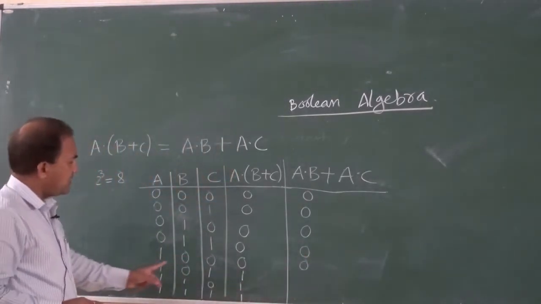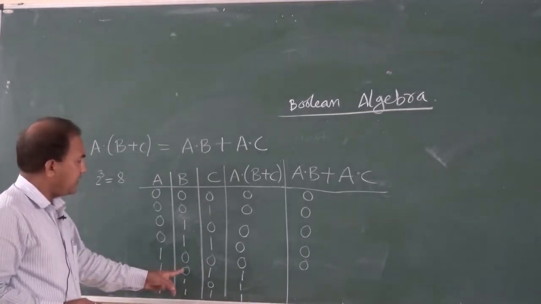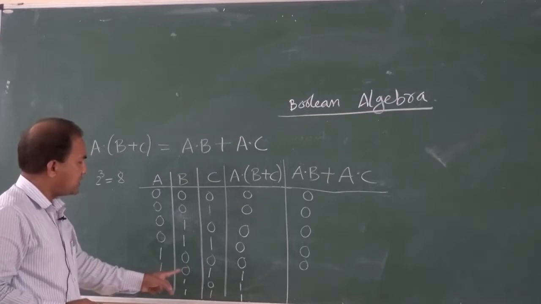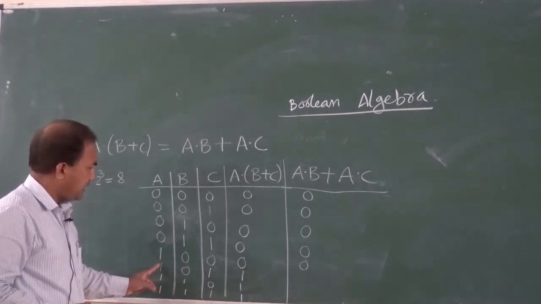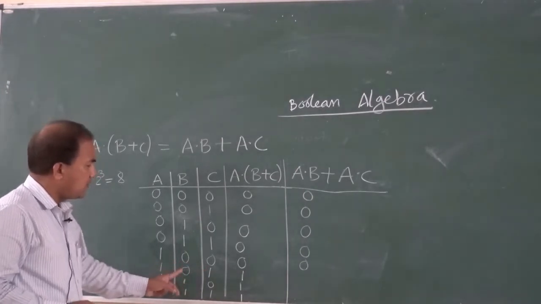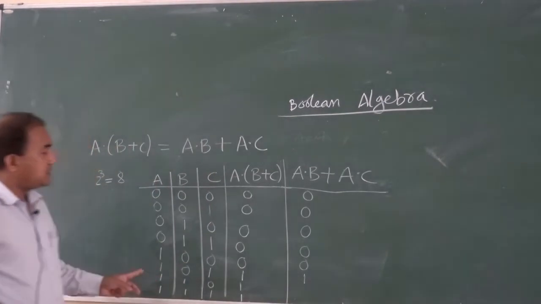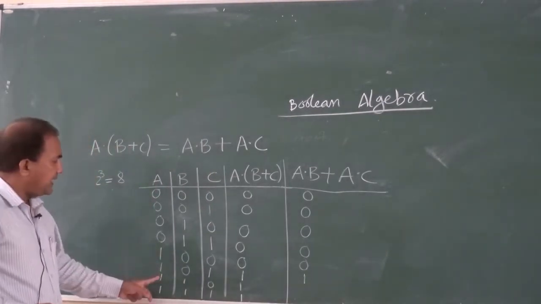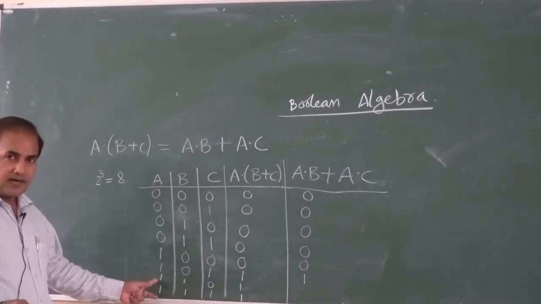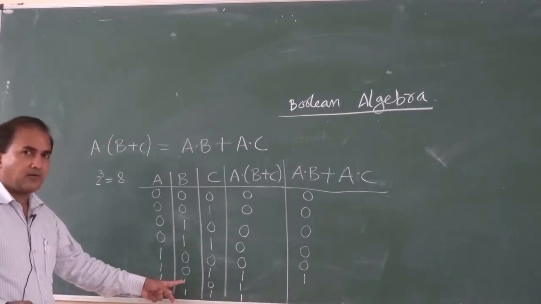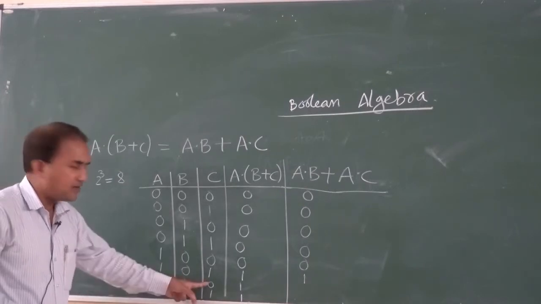Then for this case, 1 0 1: a dot (b plus c) is equal to 1 dot 0, which is 0, plus a dot c, 1 dot 1. So 0 plus 1 is equal to 1. Similarly, a dot b is 1 dot 1, equal to 1, plus a dot c, 1 dot 0, which is 0.